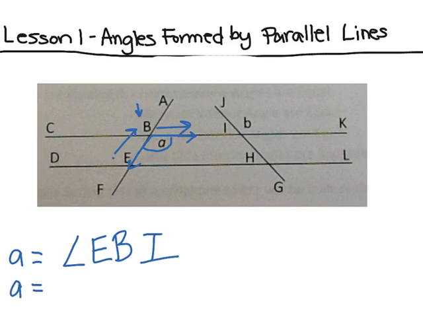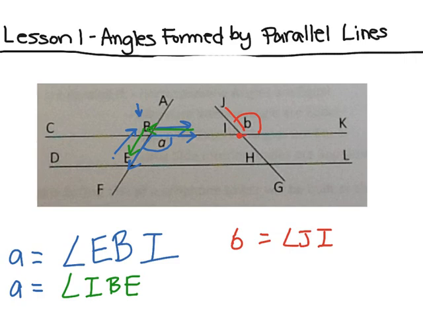Start at I, go to B, then go to E. So IBE. Either is right as long as B is in the middle. So for this angle here, angle B, we start at J, we go to I, then we go to K. So JIK, it could also be the other way, KIJ. So that's how you name an angle.